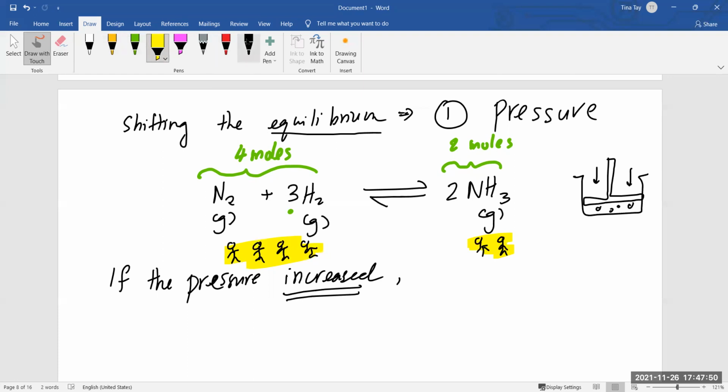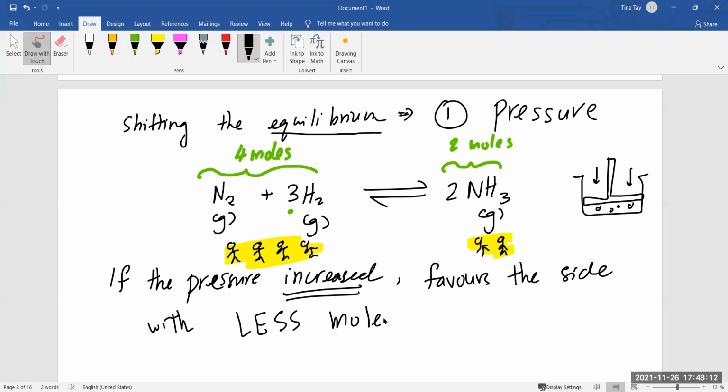So if I increase the pressure, it will favor. Favor means it will prefer. Favors the side with less moles.